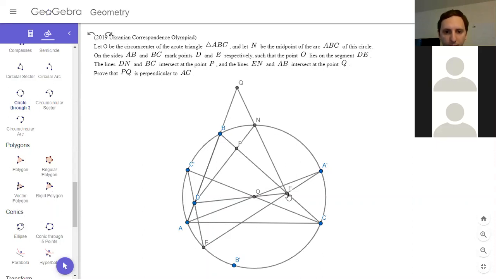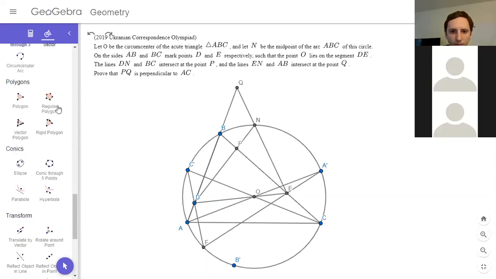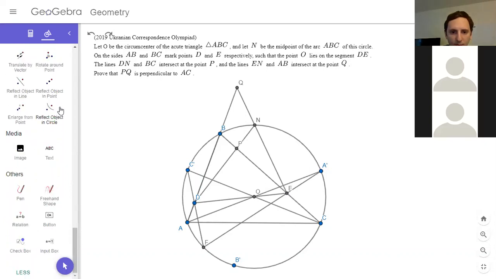Could we use the radical axis theorem? Let's see.